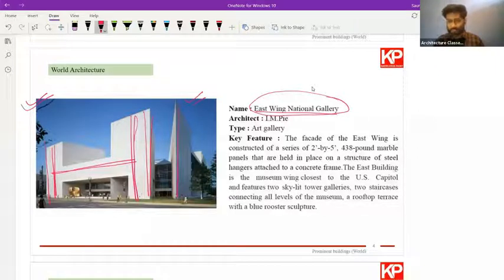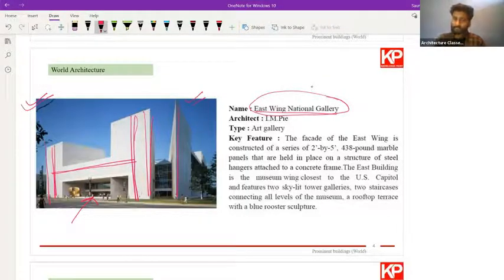Now, don't just look at this image from this angle. Try to also think of other possible views of it. Because in your NATA and JEE exams, whenever the conducting authorities show you an image and ask the name, mostly they give the most famous view of that building.